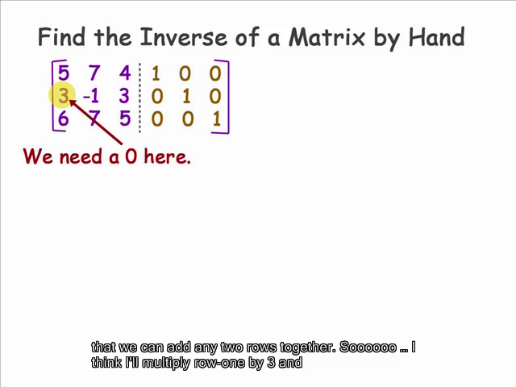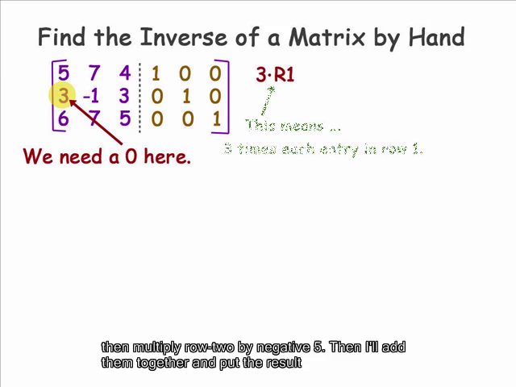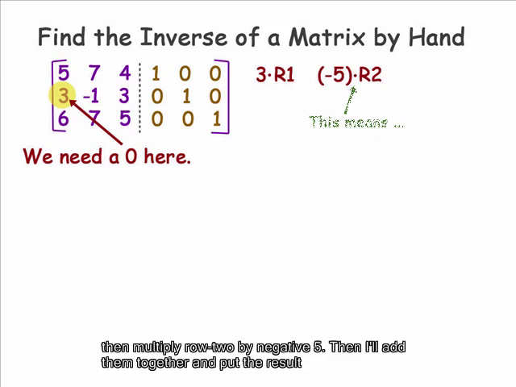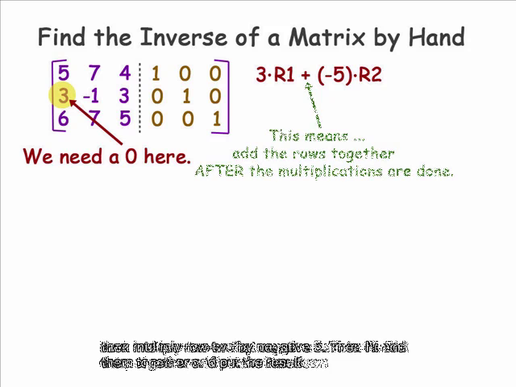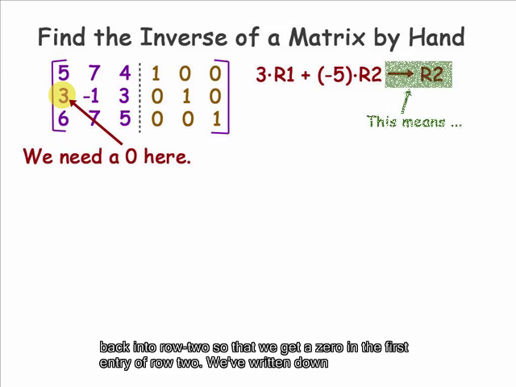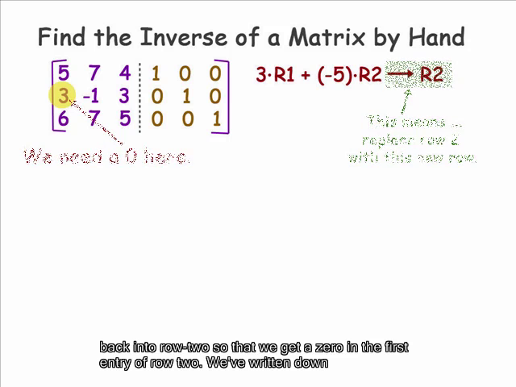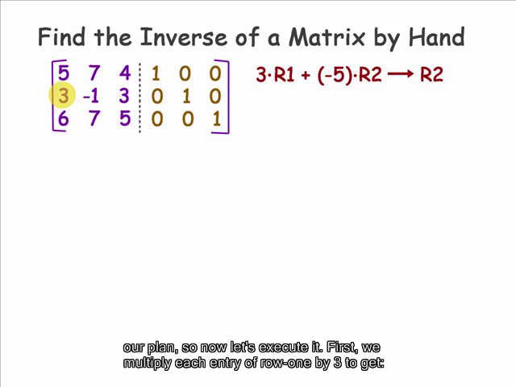So I think I'll multiply row 1 by 3 and then multiply row 2 by -5. Then I'll add them together and put the results back into row 2 so that we get a 0 in the first entry of row 2. We've written down our plan, so now let's execute it.